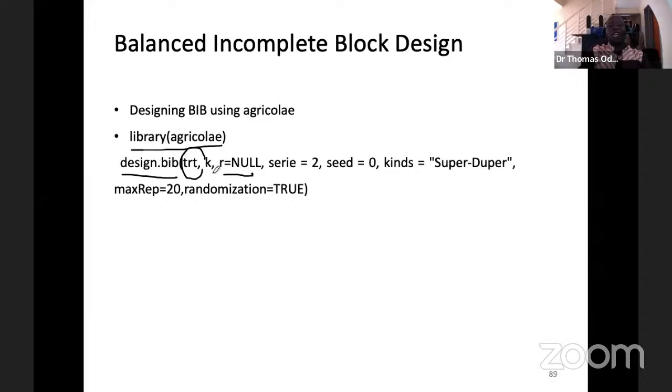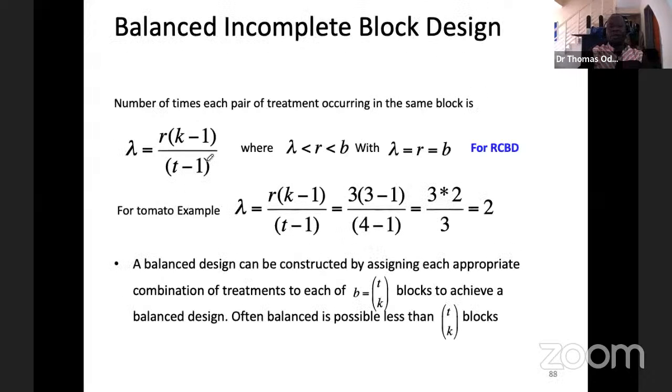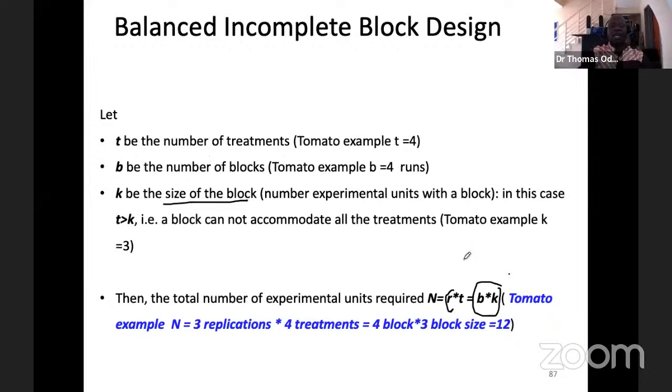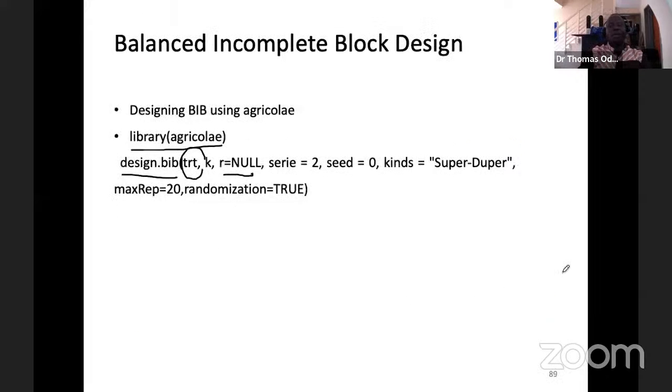The program will tell you how many replicates you need depending on the number of treatments and the size of the block, based on this formula. So you don't need to specify the number of replications. You need to give the number of treatments and K, then it will tell you how many replications you actually require.